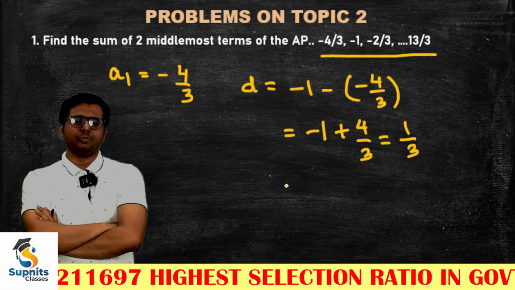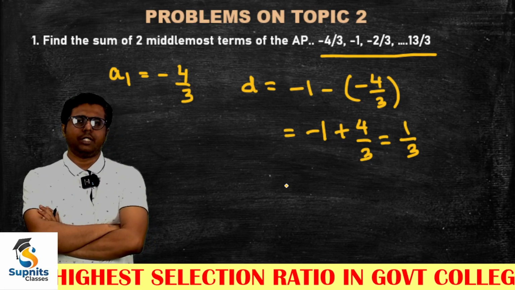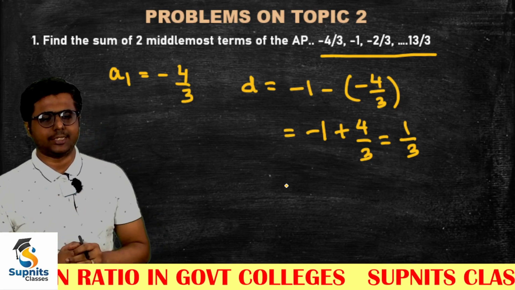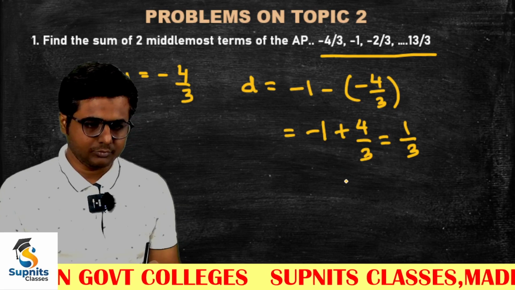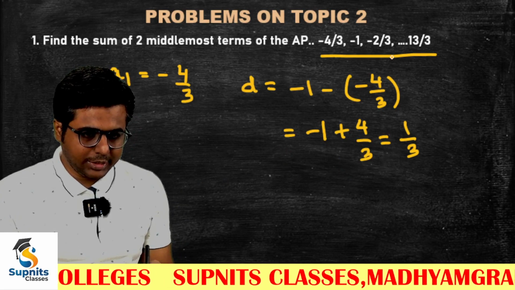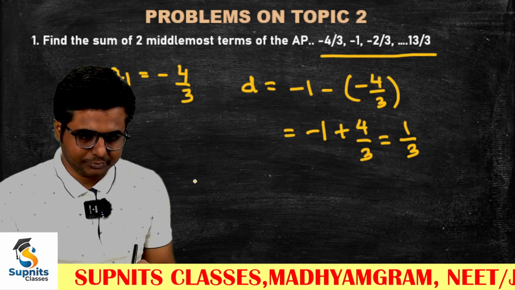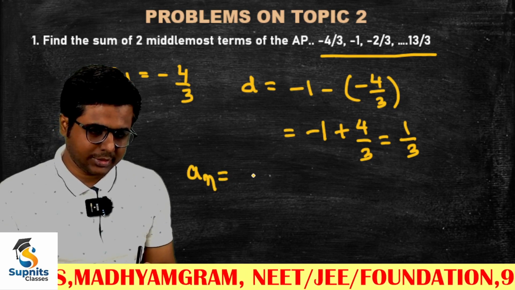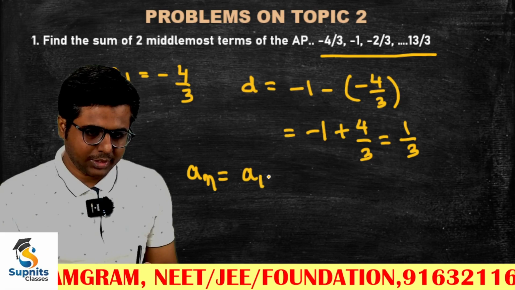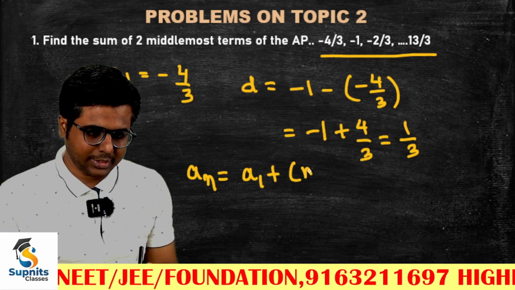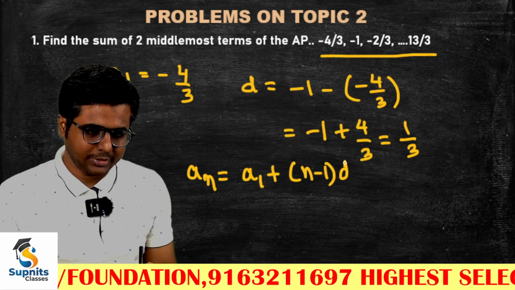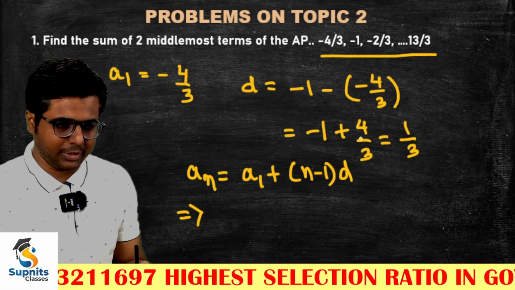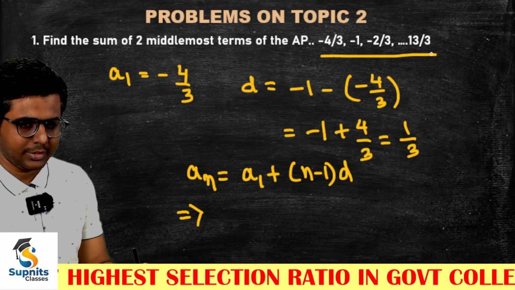Now what we are going to do? We are going to find out the number of terms. And how are we going to do it? Because we already know the nth term over here, which is 13 by 3. I will use the formula AN is equal to A1 plus (n minus 1) D. Now AN is known to me, 13 by 3.